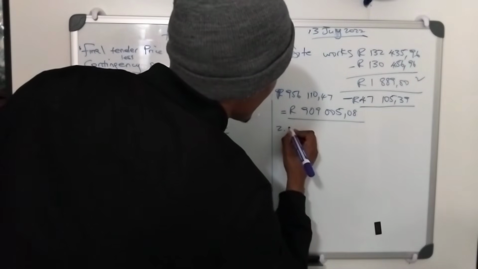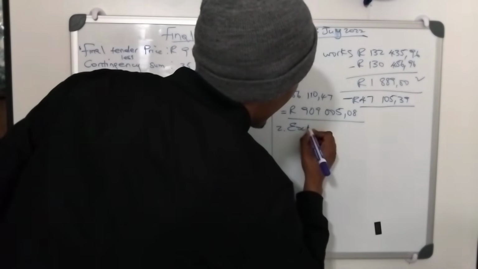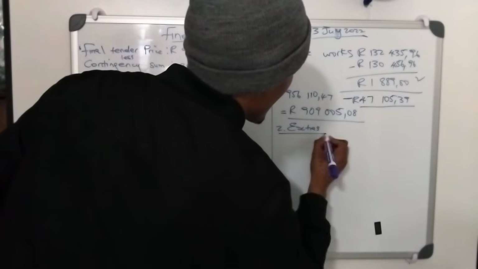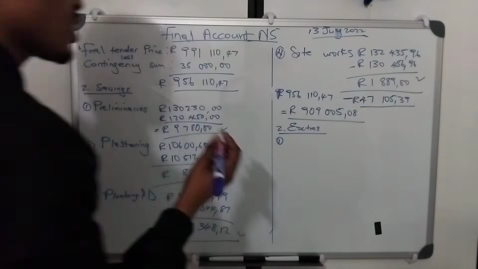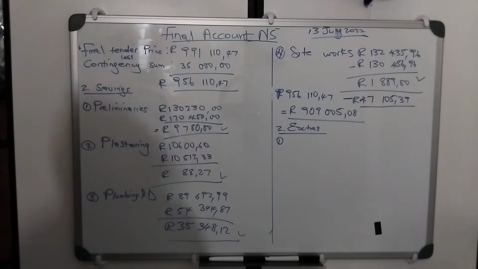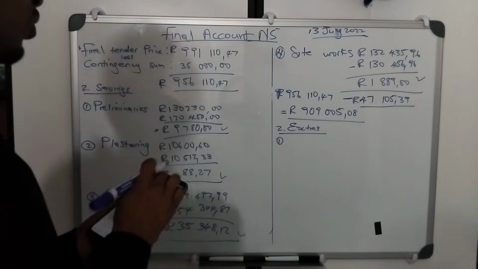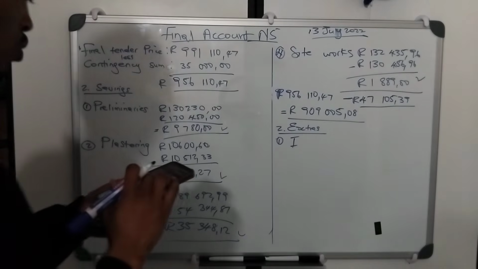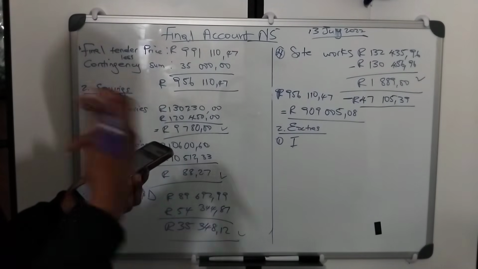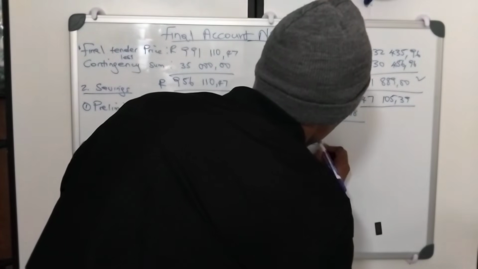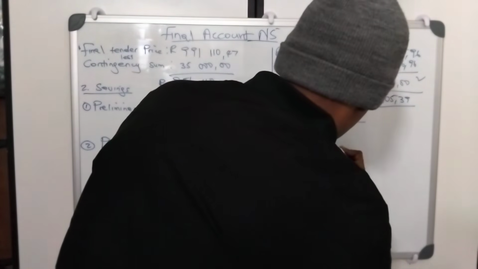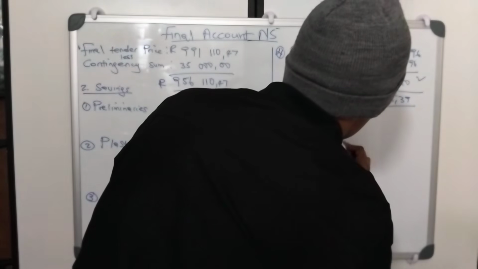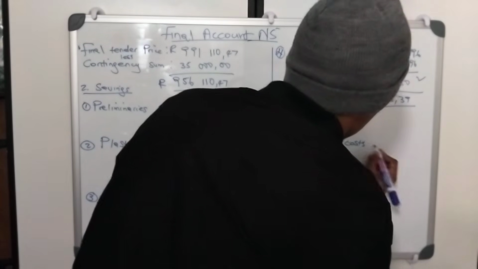Okay, number 2, which is extras. Our first thing on our extras is increased costs. So you know increased costs doesn't have any amount on the BOQ. So whatever amount that you are given on the store, you take it as it is. So increased costs. Okay.